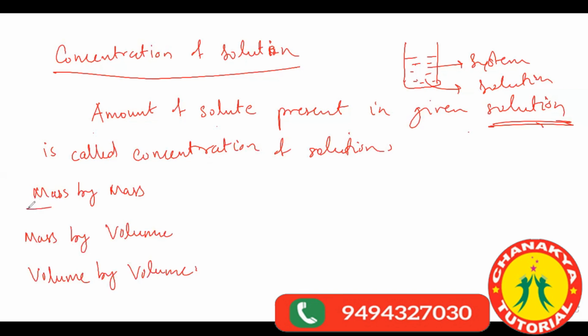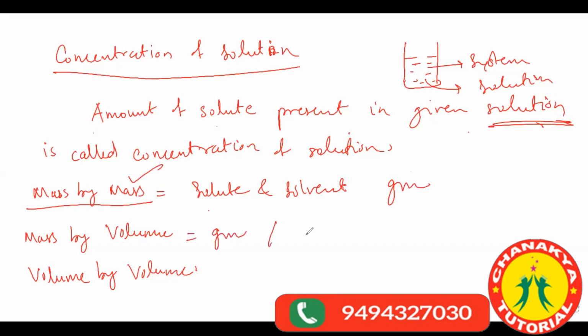In the mass by mass formula, if both solute and solvent quantities are given in gram, that time you can utilize this formula. If solute amount is given in gram and your solvent amount is given in liter or ml, meaning volume is given for the solvent, that time you can use the mass by volume formula.